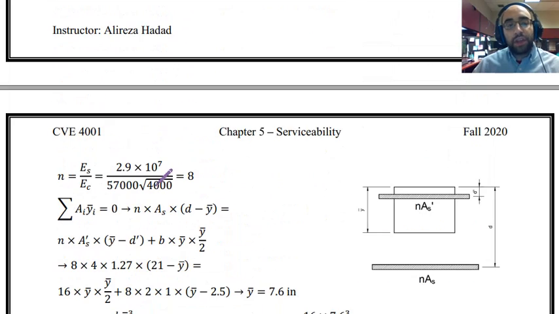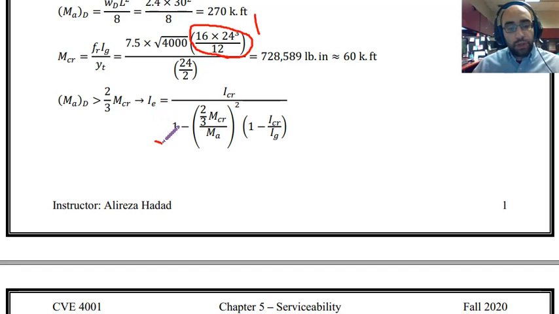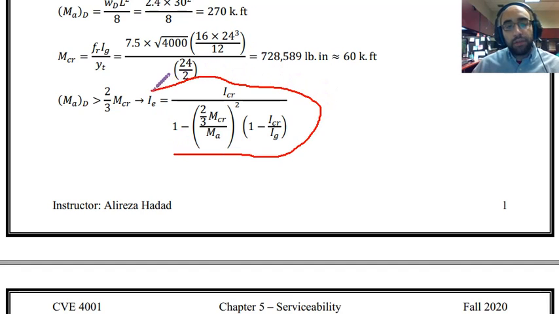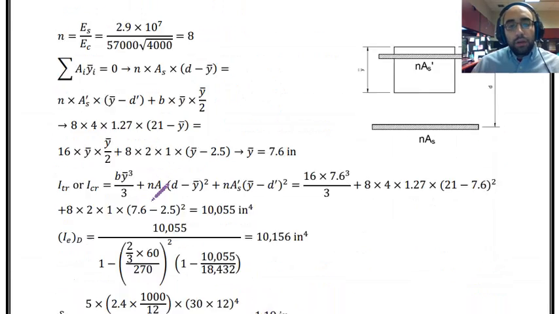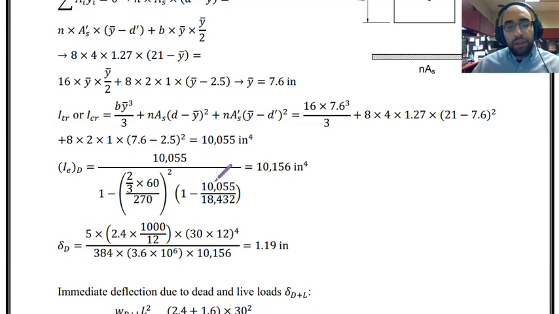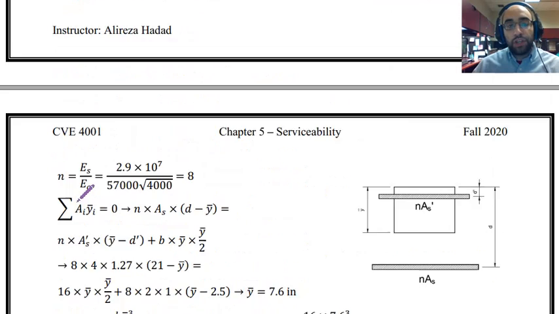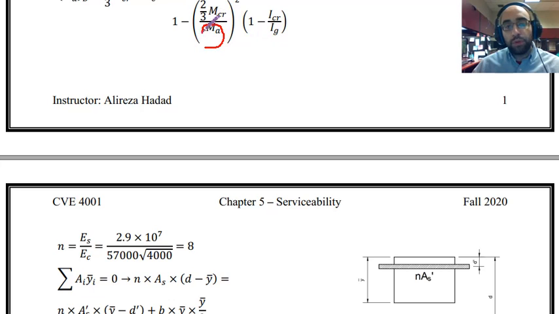So now we can return to this equation that we had earlier, put everything in this equation and find the effective moment of inertia, right? Note that we are calculating the effective moment of inertia just under the dead load. As you can see, this equation is a function of applied moment.